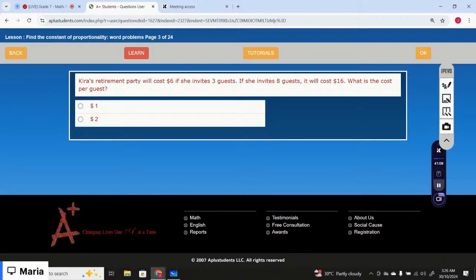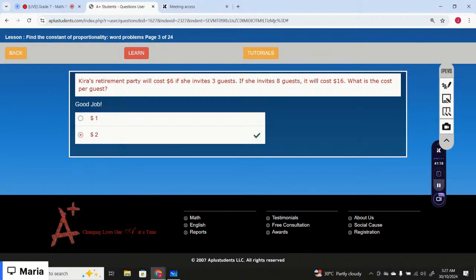So the correct option is $2. So that means the cost per guest is $2. Very good. Option number two is the correct option.